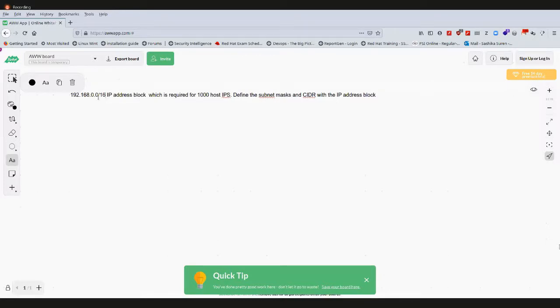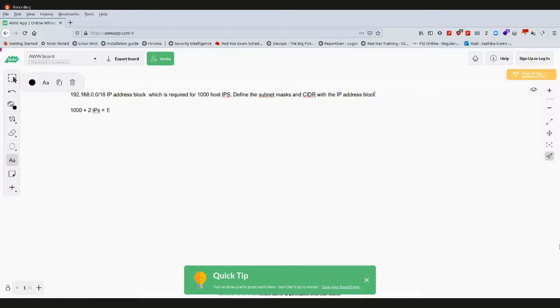We need 1,000 IP addresses. Even though we have to add 2 extra IPs, like broadcast and network, you don't need to worry about it.